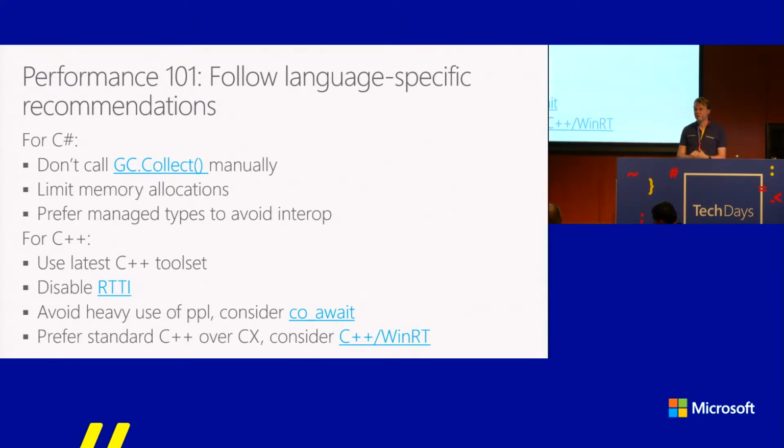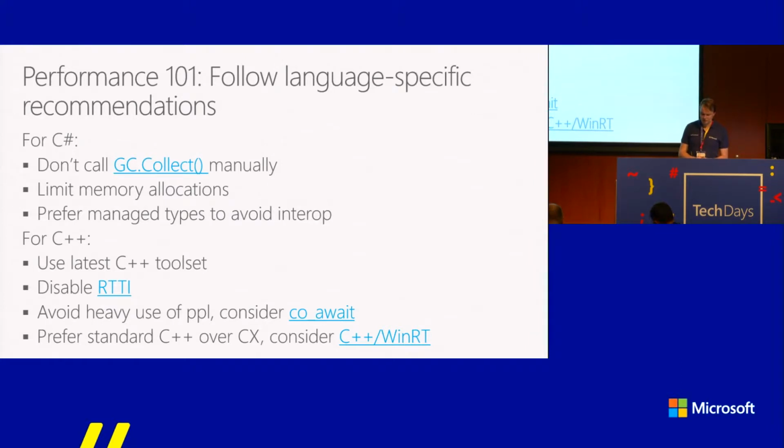And sometimes it's preferred to use managed types to avoid interop. So if you enumerate the list of notifications on the system for your app, and you constantly access that list, then you constantly get a copy of that list back that goes through the interop layer. In those cases, it might be much more beneficial to just copy it into a managed list and then stay in the managed memory space instead of constantly going back.